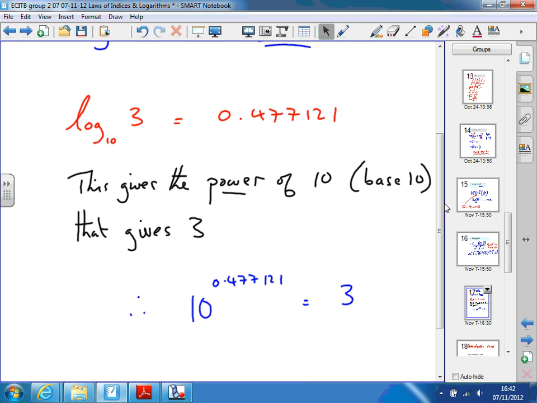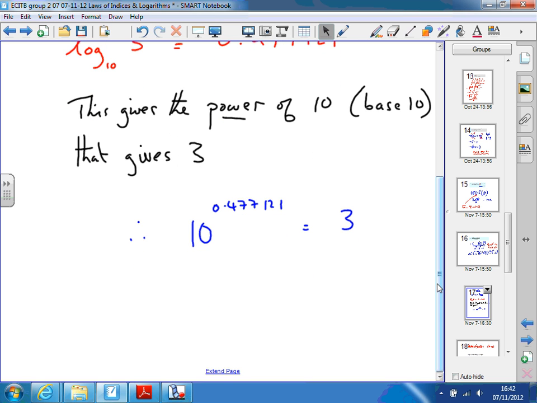So I can turn a number into a power, and in this case using that log button to the power of 10. I can turn any number into a power of 10.